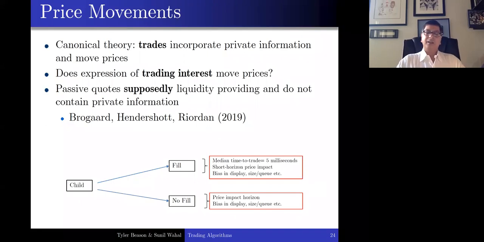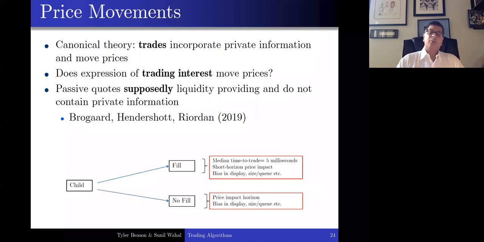Let me talk a little bit about price movements. So again, going back to canonical theory, the old theory models constructed in the 80s and thereafter, it's trades that typically incorporate price information. And passive quotes are provided by market makers who really have no intrinsic motivation to trade, and they just basically supply liquidity and don't contain any private information.